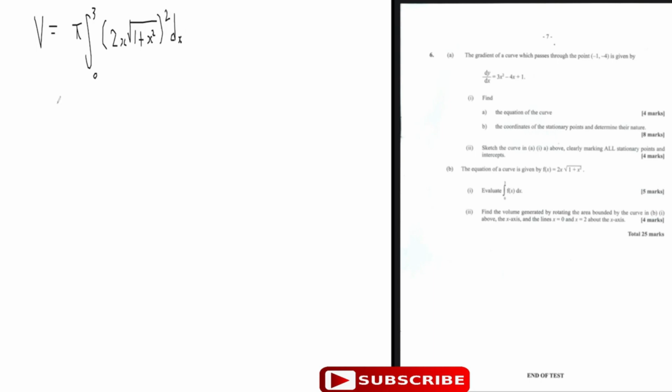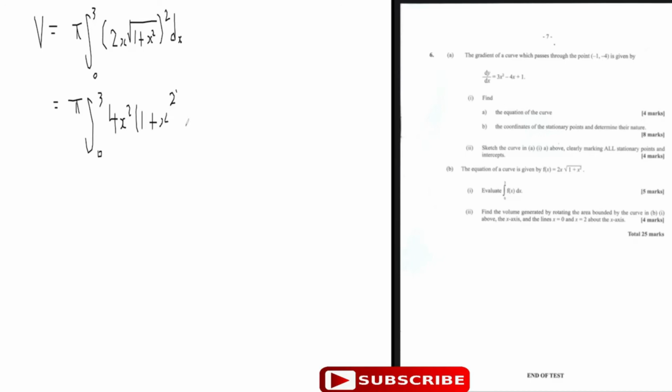So that's going to work out to be pi times the integral from 0 to 3 of 4x squared multiplied by 1 plus x squared. That's when you expand the perfect square. Let me fix this one, it's supposed to be 1 plus x squared.